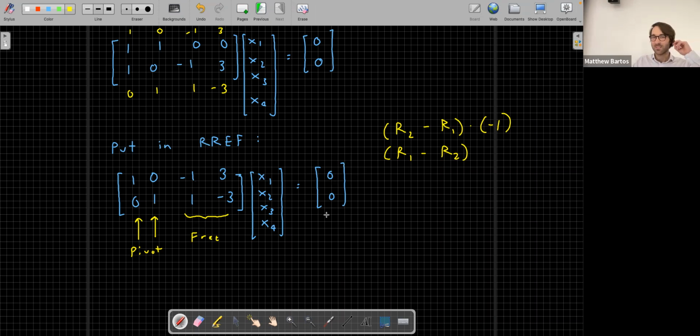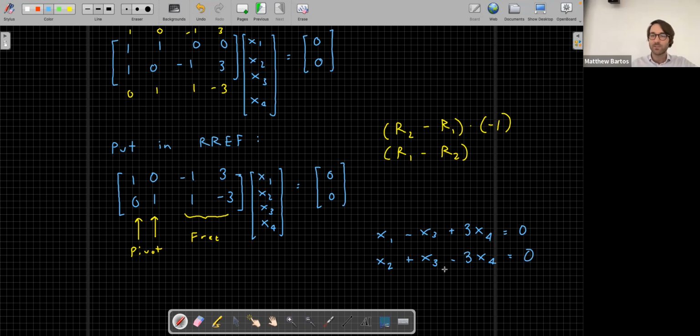So we have our system in reduced row echelon form. Now we can write out the system of equations. We have that x1 minus x3 plus 3x4 is equal to 0, from the first row. In the second row, we have x2 plus x3 minus 3x4 is equal to 0.